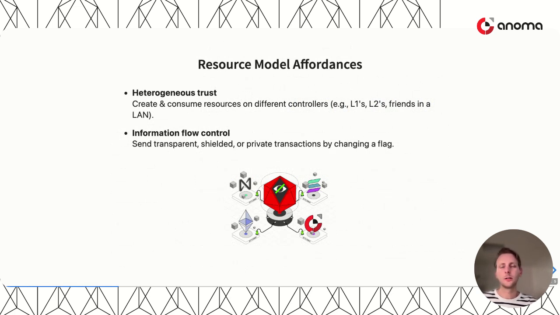External observers will not know that there is a new counter object with a counter value of 2. And then you can also decide to go back into the transparent domain and increment the counter from 2 to 3 in a transparent transaction. Observers will then see that there's a counter with value 3, but they don't know where it originated from. So that's also quite a cool feature, I would say.